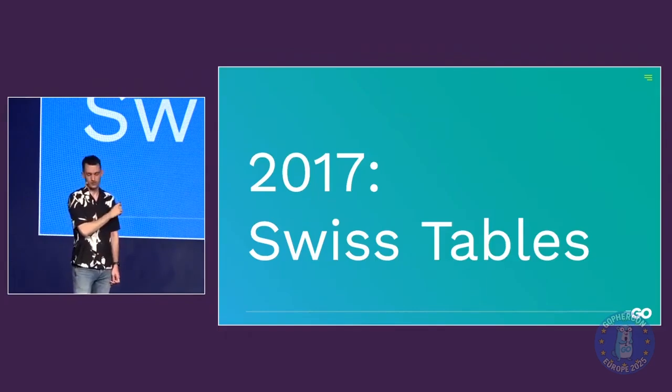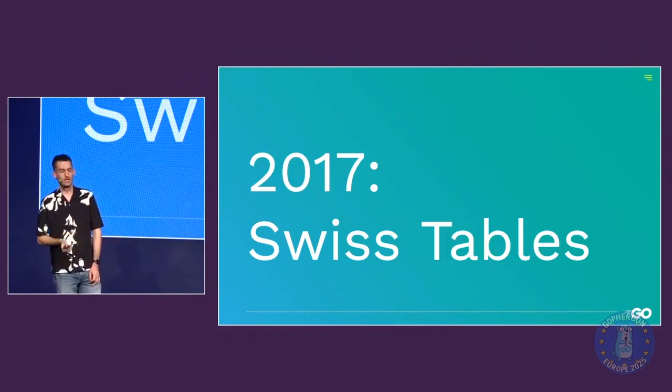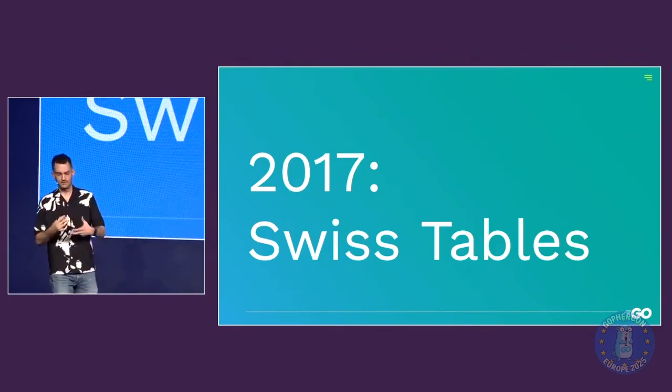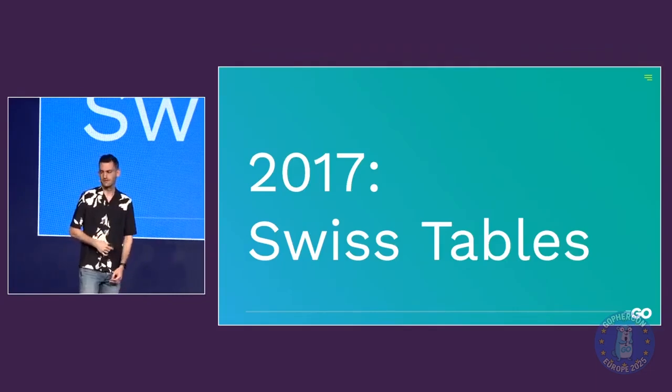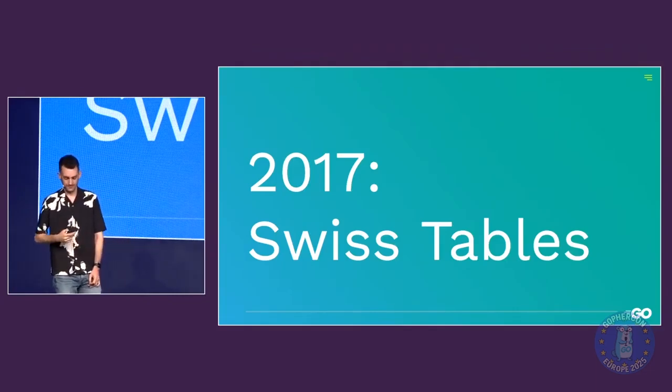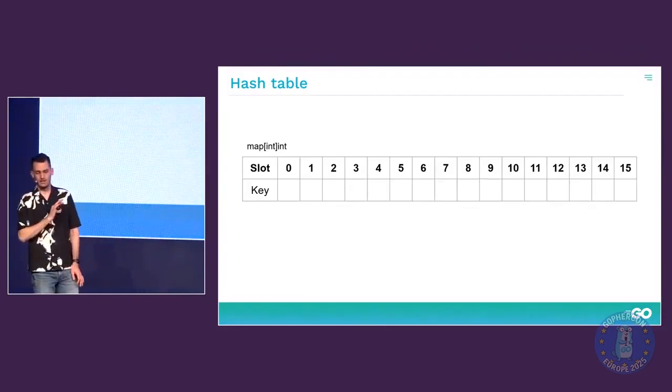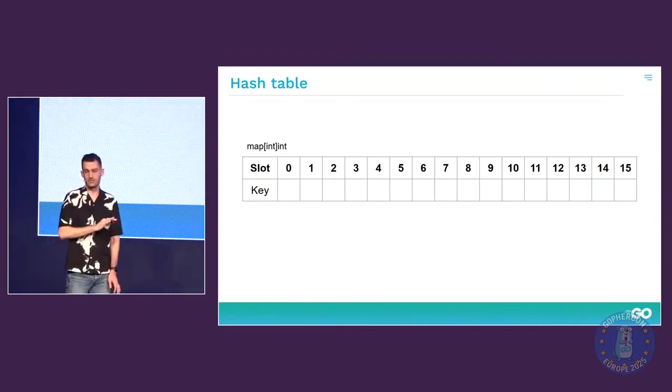The Swiss table C++ implementation was open sourced in 2018. It's part of Google's Abseil library, if you've ever seen that before. And it's gotten a lot of traction from different language communities using this design to speed up their hash tables. All right, so let's walk through how a typical hash table might be implemented under the hood.